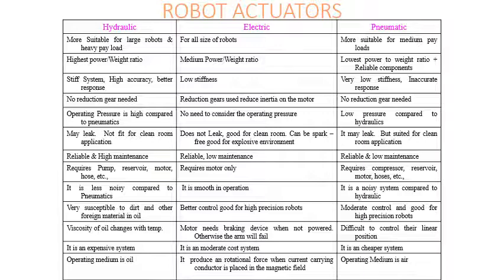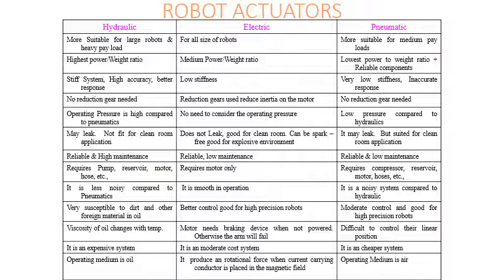Hydraulic actuators will have a stiff system, high accuracy, and better response. In case of electric, the stiffness will be low. In case of pneumatic, very low stiffness and inaccurate response. In case of hydraulic, no reduction gear is required. In case of electric, reduction gears are used to reduce inertia on the motor.